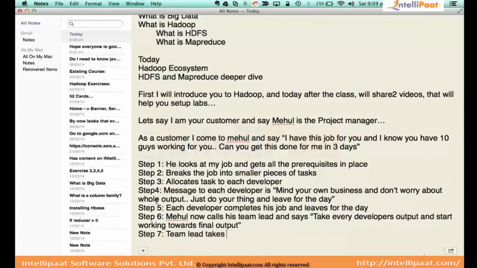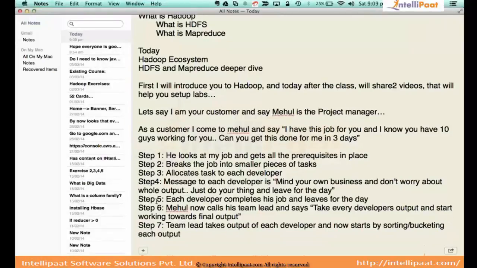The team takes the output of each developer and starts by sorting. You can call it sorting or bucketing each output.